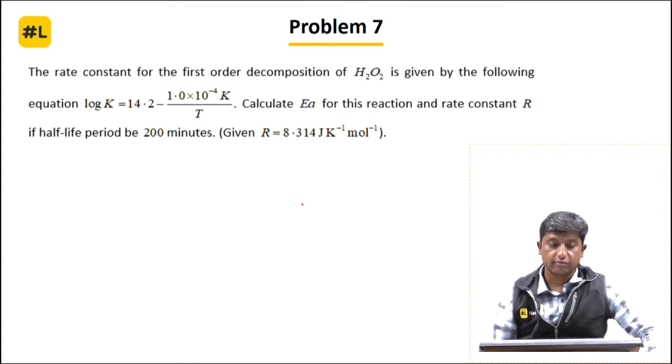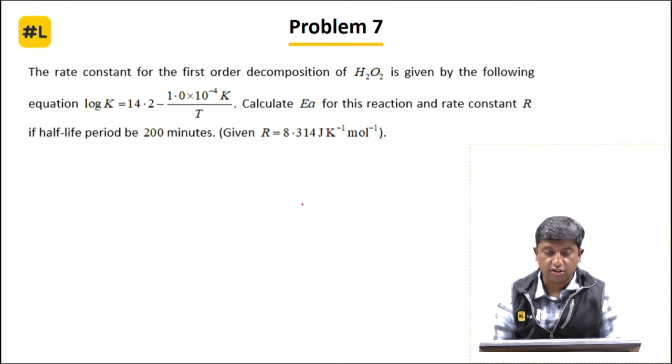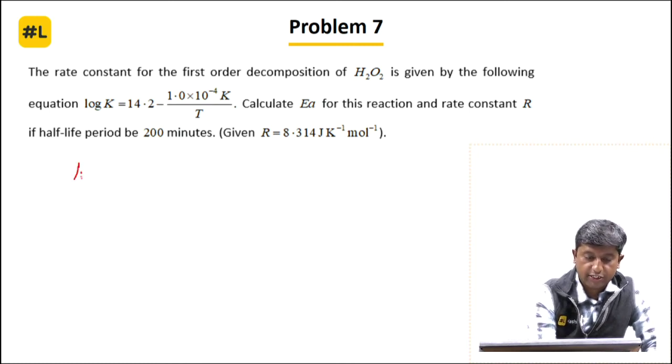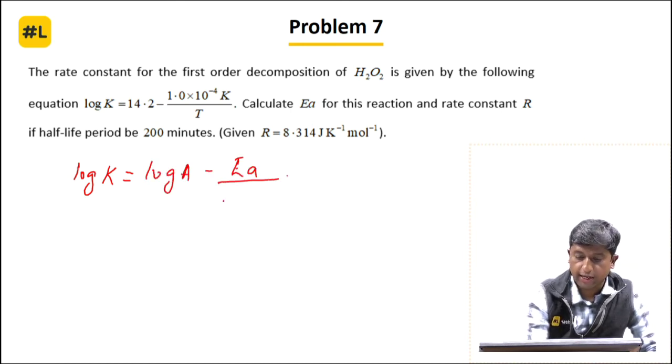So, here which equation we need to follow, that is very important. It is a first order equation, decomposition of hydrogen peroxide. Let us write the Arrhenius equation, students, in the different form. Log of k will be equal to log of A minus Ea divided by 2.303 RT.